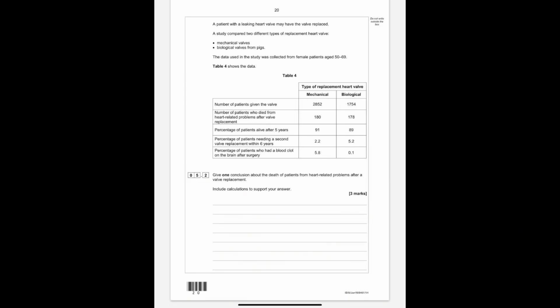Now it's asking you in this question, give one conclusion about the death of patients from the heart-related problems after a valve replacement. It says over here, include calculations to support your answer. So we're going to look at this column over here, which is the number of patients who died from heart-related problems after valve replacement.